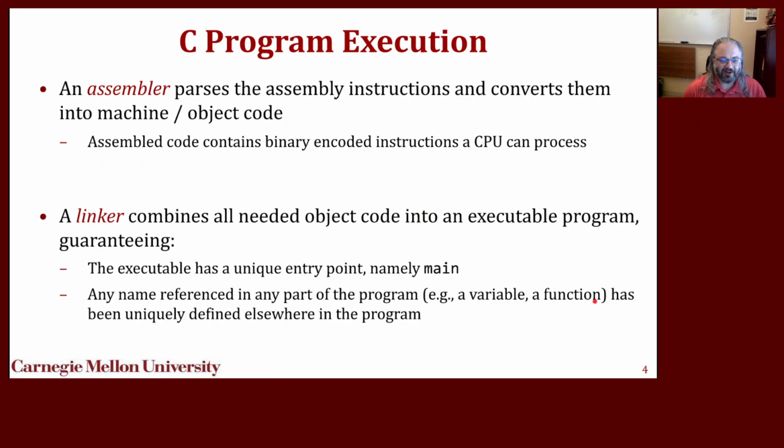The second guarantee says any name that we use anywhere in the program is unique and it exists within the program, which means if we want to call a function in a library, the implementation of that library function needs to be part of our executable program. So people often say the library is linked into the executable. This is the job that the linker is providing. This essentially guarantees that when the program is run, everything that's needed to run the program is there as part of the executable program.